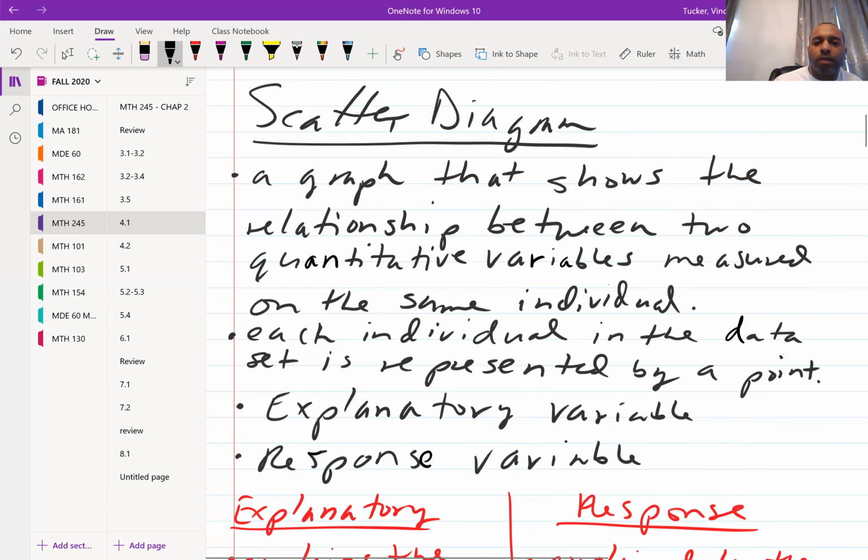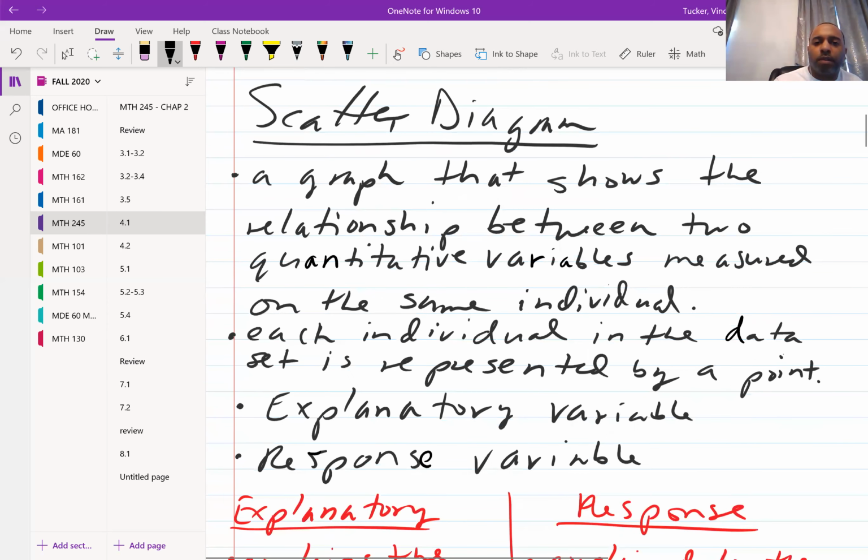So we're looking at the difference between the explanatory variable and the response variable. Your explanatory variable explains the value of the response variable, wherein the response variable is actually explained by the explanatory variable. Basically, the response variable responds to what the explanatory variable gives you.